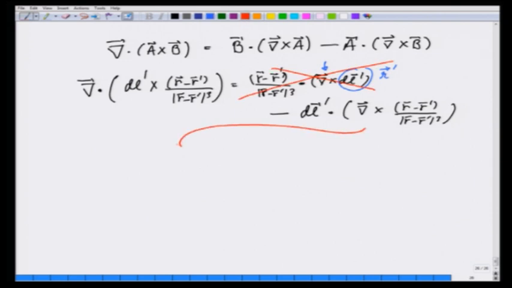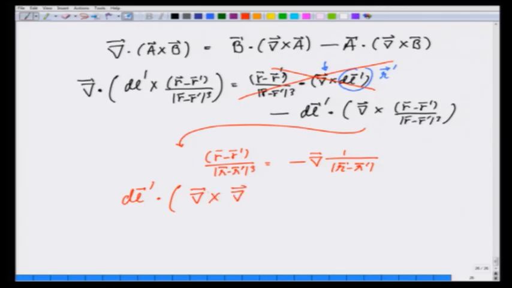For the second term, recall that (r minus r') over |r minus r'| cubed is nothing but minus grad of 1 over |r minus r'|. So, this term is dL' dot curl of grad of 1 over |r minus r'|.